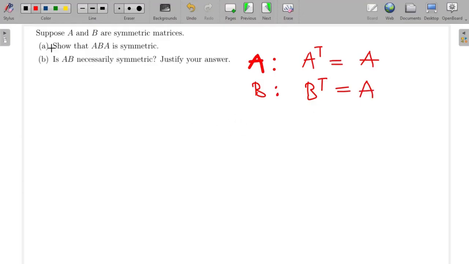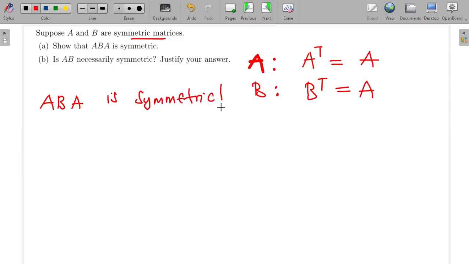Now they're saying suppose A and B are symmetric matrices. So meaning these conditions hold, show that ABA is symmetric as well.